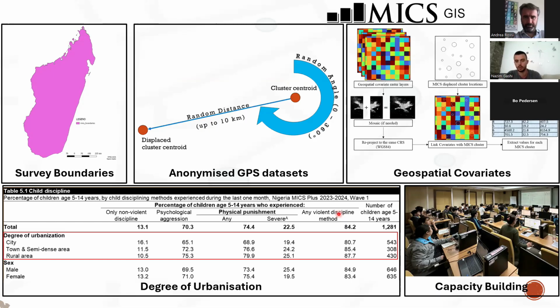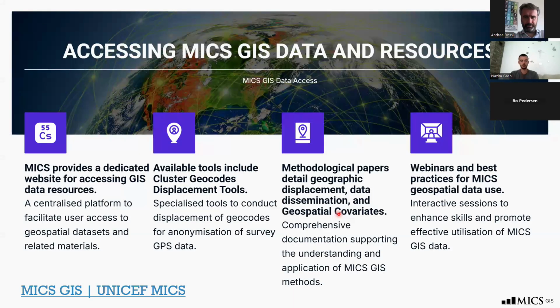And today, we are launching the new third project, called Geospatial Covariates, where we release the geospatial covariates data sets for MICS surveys. Another project within MICS GIS is the integration of data visualization into the MICS program. On the MICS website, there is a web page where you can get access to the MICS GIS data as well.